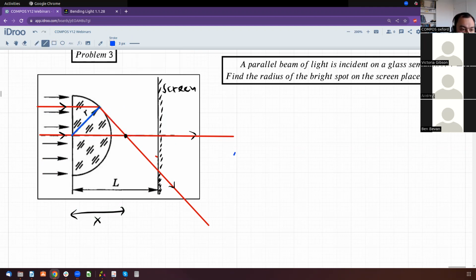So this is the radius, so that's R. And this angle is the critical angle. So we need to find the critical angle. Sine of the critical angle is 1/n.